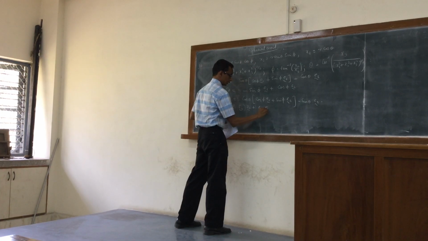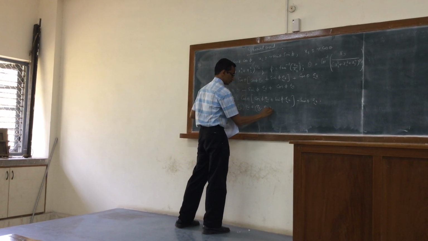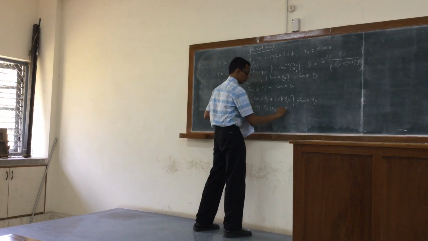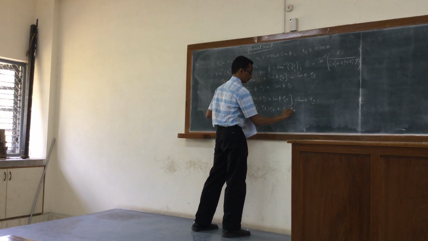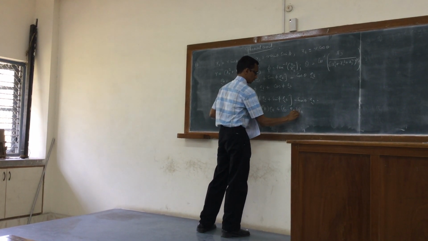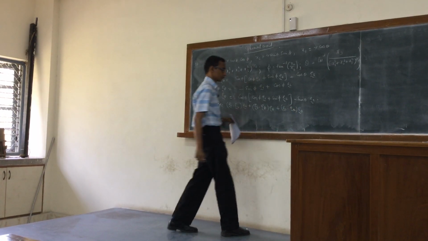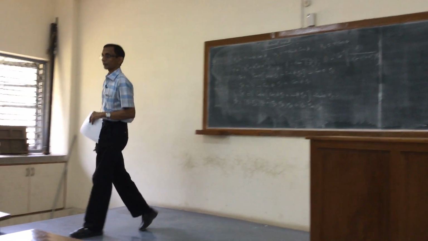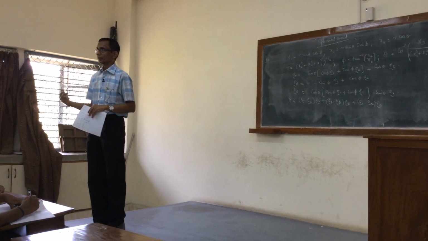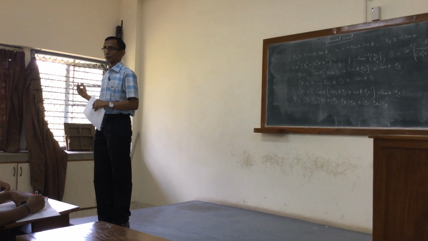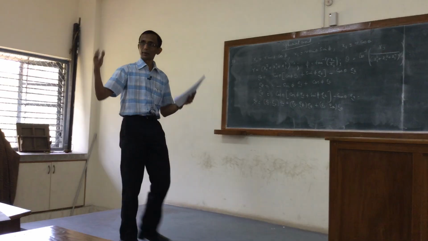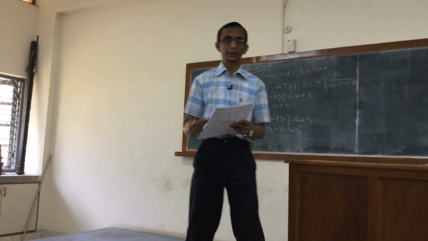E phi times E phi plus E theta. I can write it like this. Because E_r, E theta, and E phi form a basis set, I can express any vector in this three-dimensional space in terms of that.